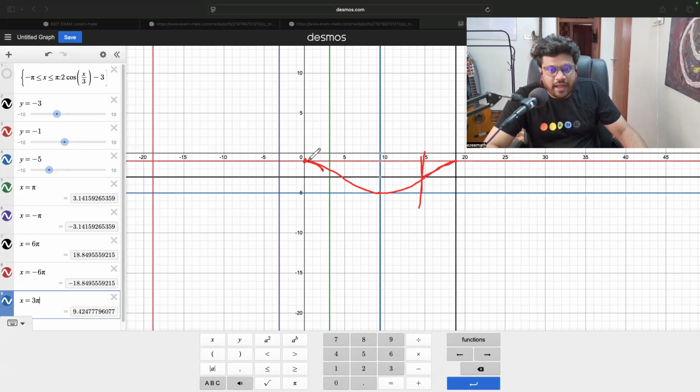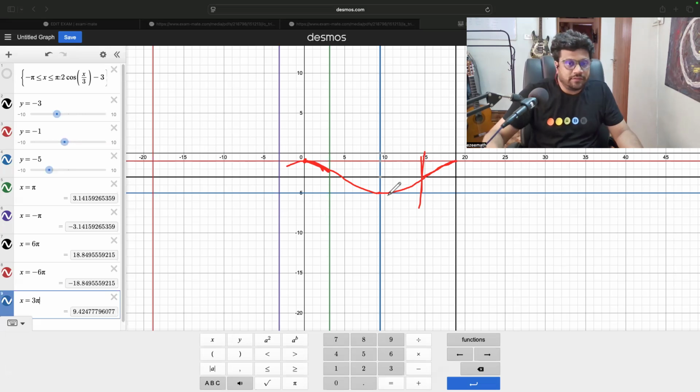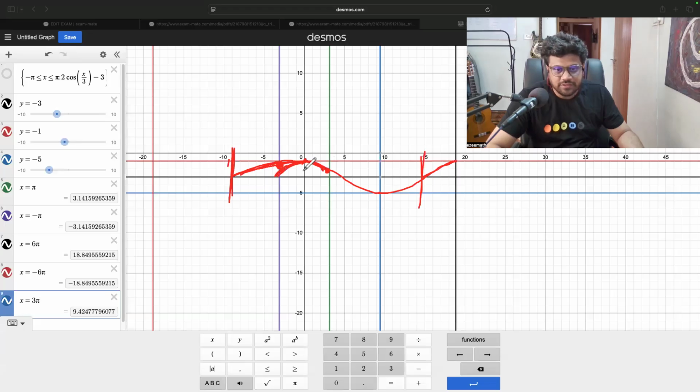I am only going to have this much of it showing on my sketch. And the same on the other side, only this much of it. It would have gone somewhere there, minus 15, right? Somewhere there. So that is what it should have been, but I'm only going to see this much of it.